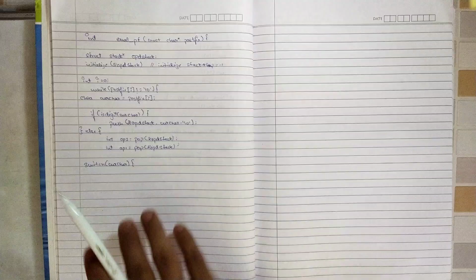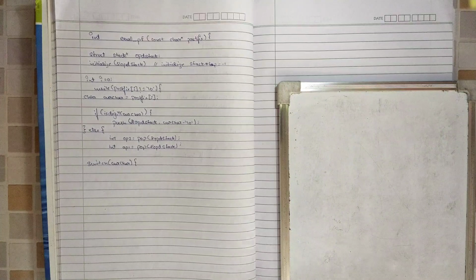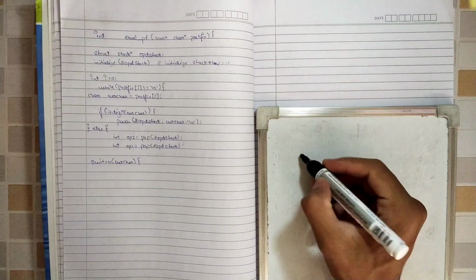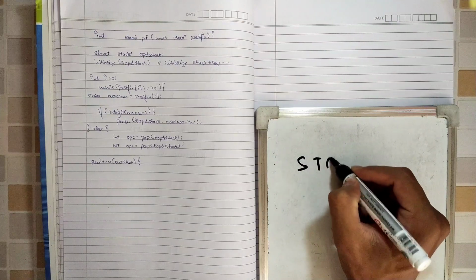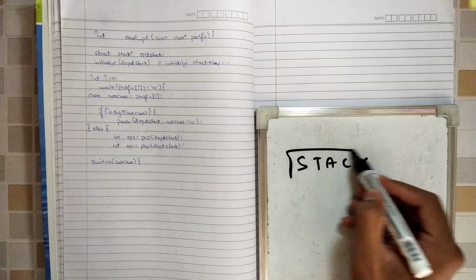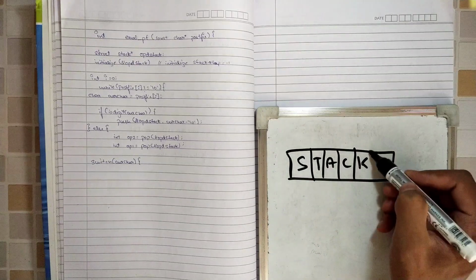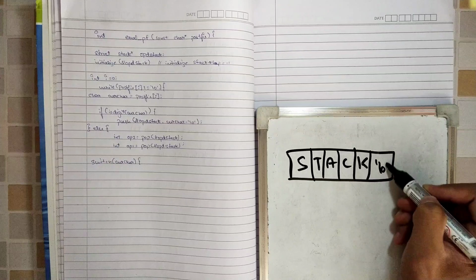Why this is coming is because in your characters, if you have a string of characters, suppose I will take stack itself, stack. What happens, they will be stored like this, right? Here we will always have this null tag.